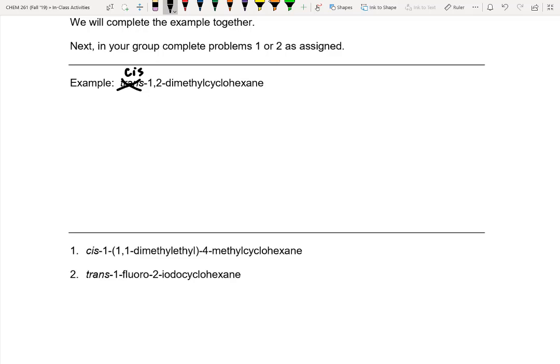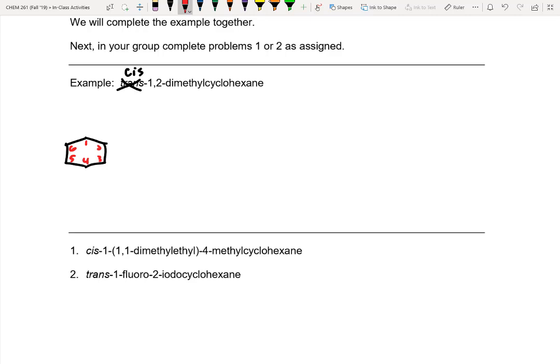All right, so we'll do our 2D first. And I'm just going to number any which way I want because it's my molecule. All right, we've got methyl groups coming off of carbon 1 and carbon 2. Should they both be dashes, both be wedges, one a dash, one a wedge?